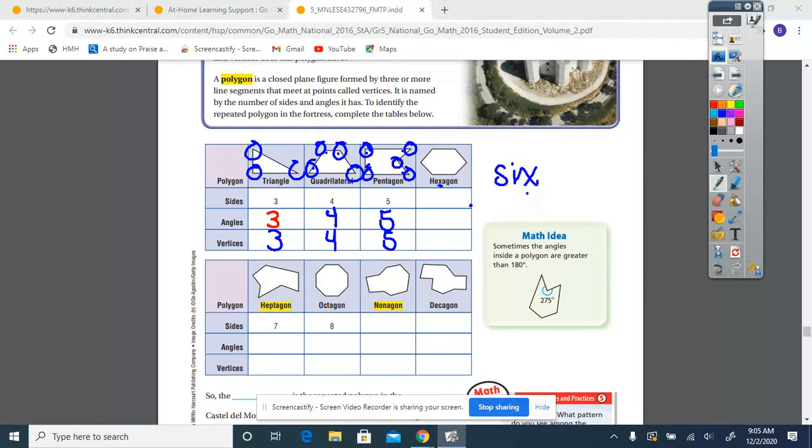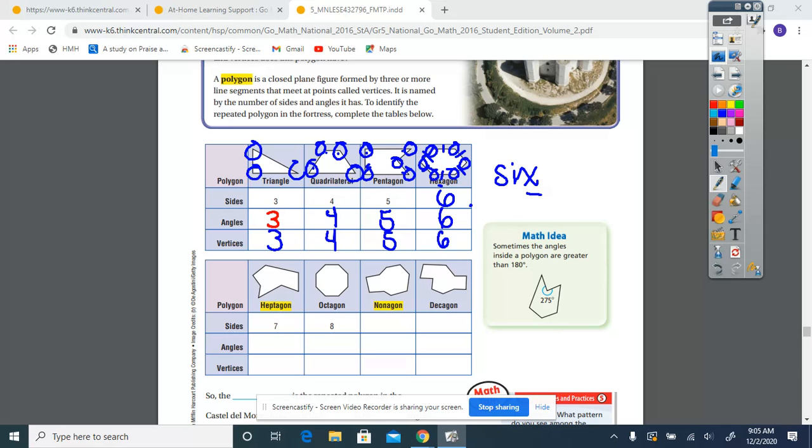So hexagon has an X as well as 6. It has 1, 2, 3, 4, 5, 6 sides. It has 1, 2, 3, 4, 5, 6 vertices, and it has 6 angles.